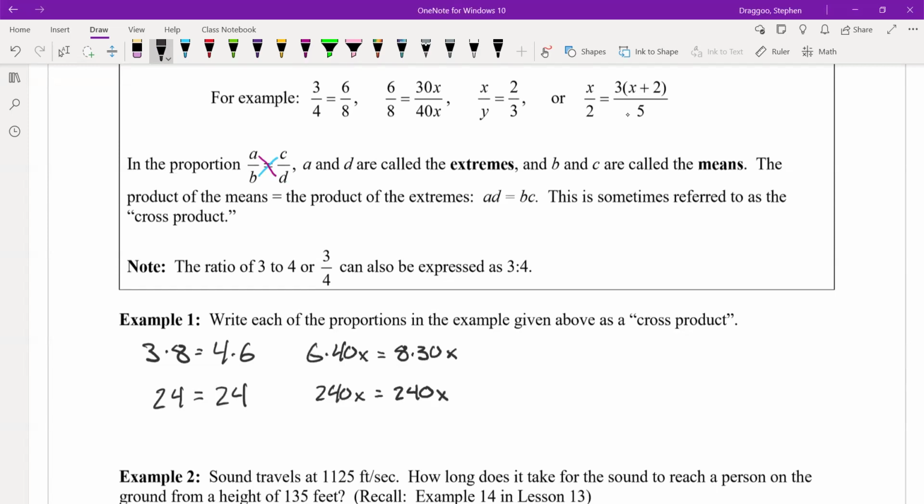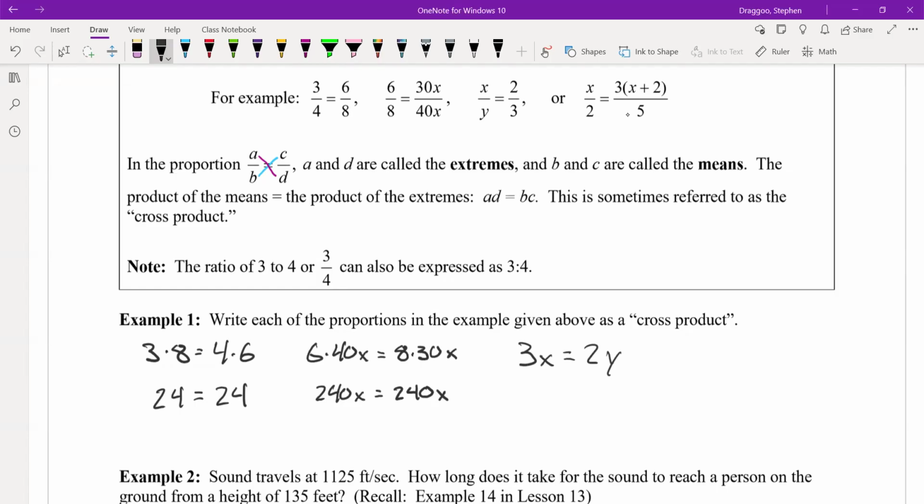The next one over, x over y equals 2 over 3. Well, that's 3x equals 2y if I cross multiply. Now I've got two different variables here, so I've got a way to relate x and y together. Still a valid proportion though, because I know that x over y must be equal to 2 over 3.